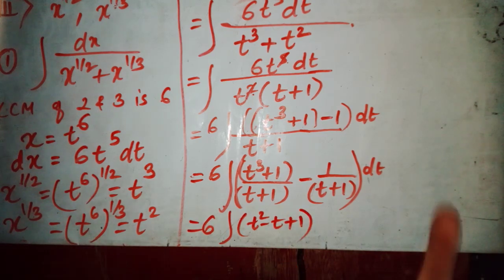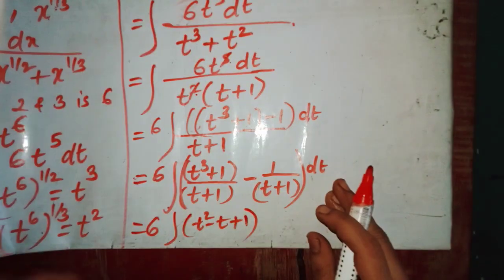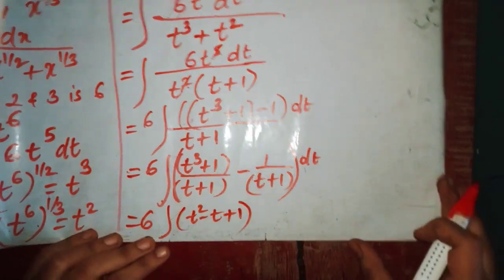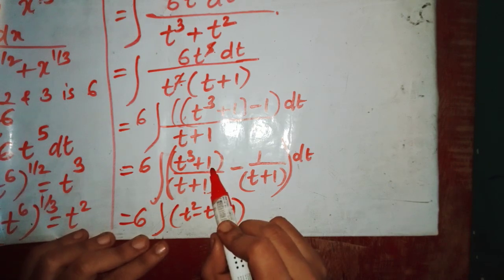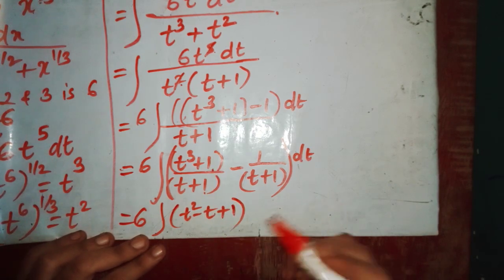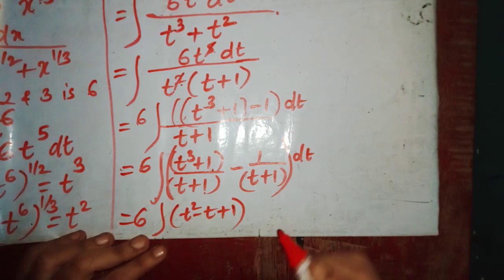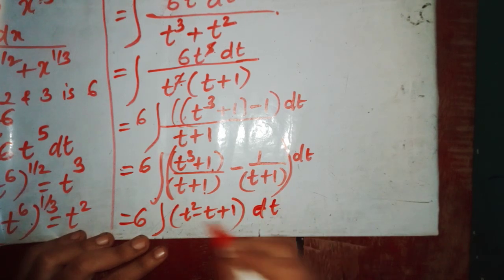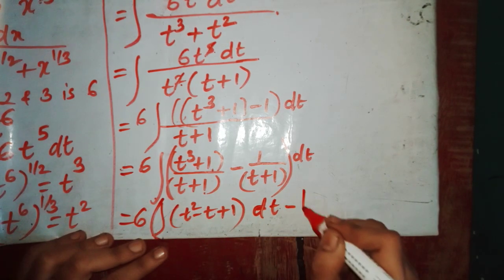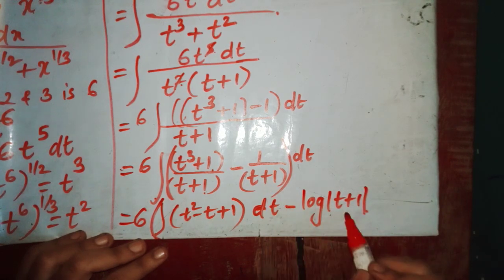I will not do that, it's easy, you can do it on your own. t plus 1 is the divisor and t cube plus 1 is your dividend. So you get the quotient t square minus t plus 1 dt, minus log of t plus 1. This is the integral of this term.